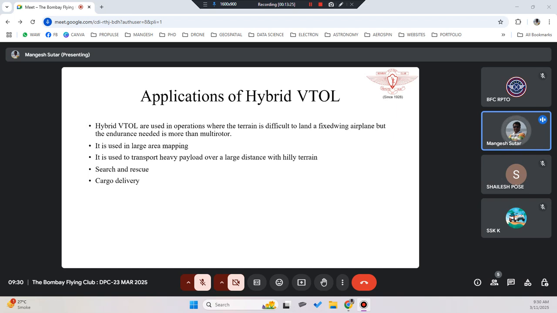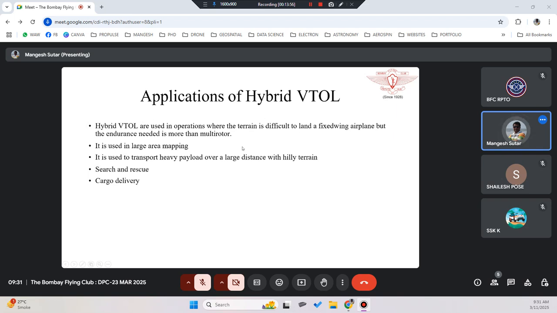For example, say you want to do such activity in coffee plantation locations where mostly sloping terrains are there, or places like Assam and Kerala, where you see mountainous terrain and it's very difficult to have any kind of landing or takeoff runway for your activity. In that scenario, you will always use a hybrid VTOL.